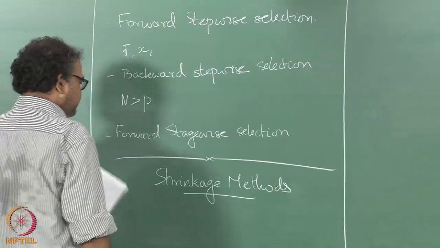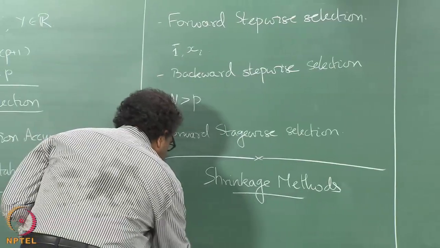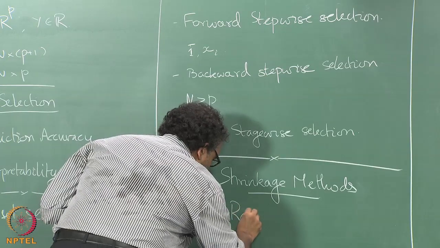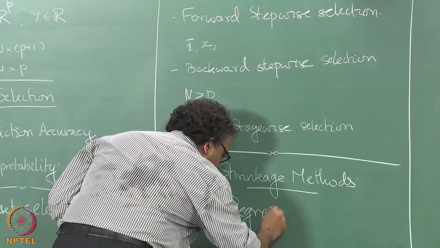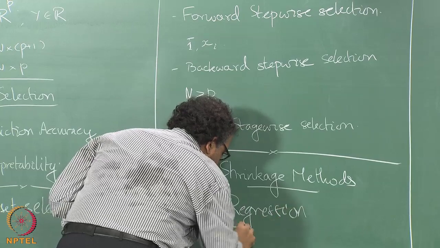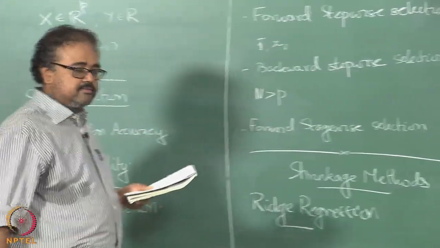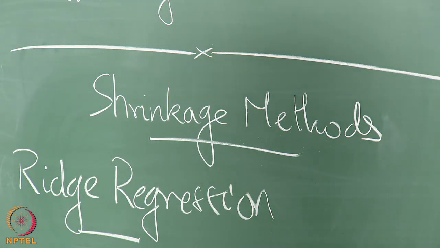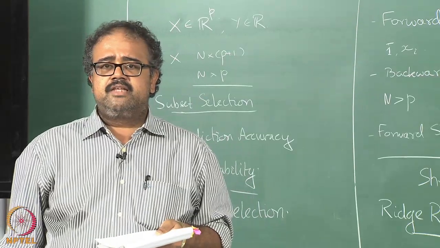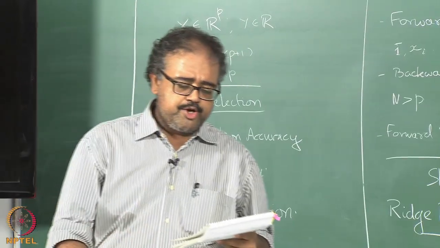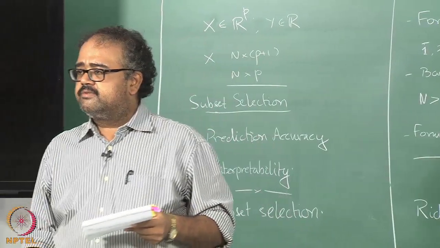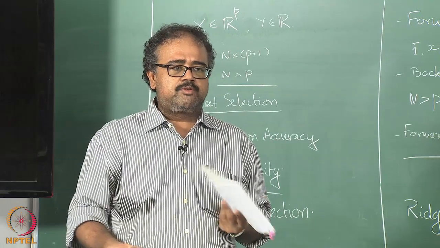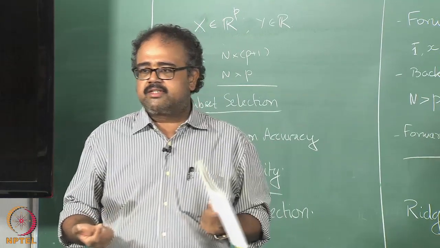The first thing we will look at is called ridge regression. The whole idea behind all of these shrinkage methods is that you have your usual objective function, which is the sum squared error. You are going to try and minimize the sum squared error.